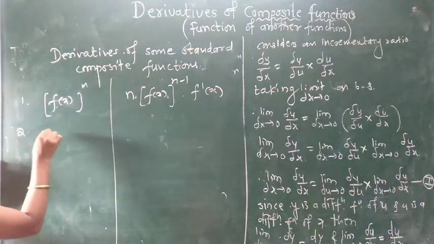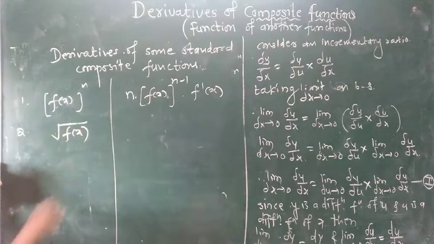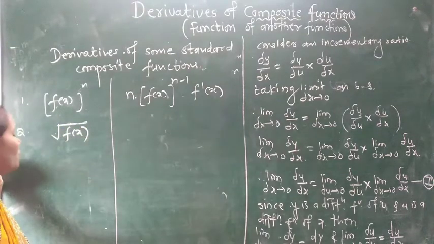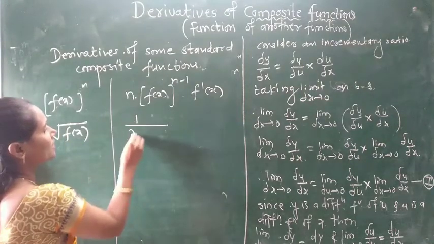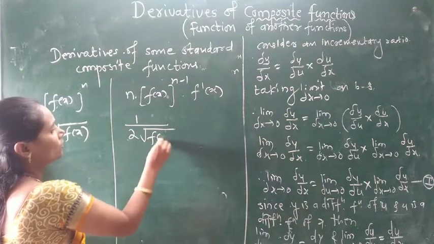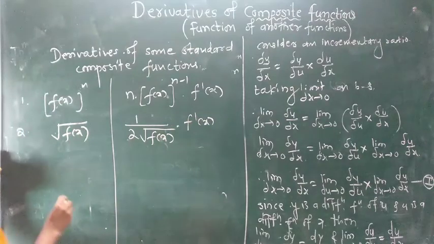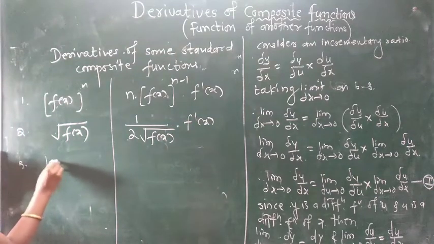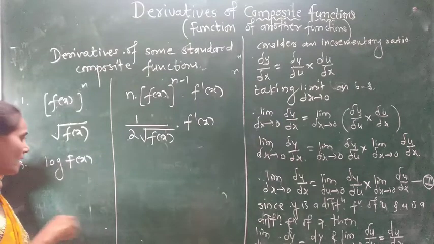Second, root f of x. We know the derivative of root x is 1 upon 2 root x. So here derivative of root f of x is 1 upon 2 root f of x into multiply the derivative of the function. Next, third one, log f of x. Derivative of log x is 1 upon x.